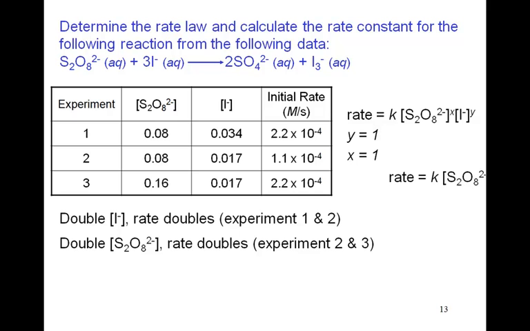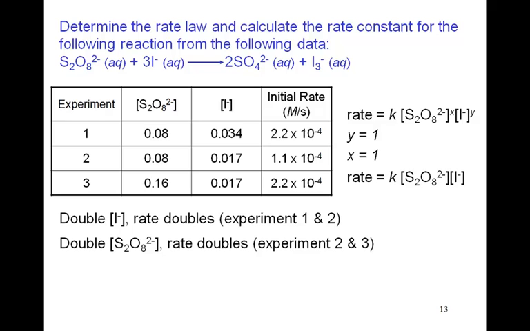Now, let's move on. The rate is equal to K times the S2O8 negative concentration raised to the first and the I minus concentration raised to the first. Now we'd like to solve the second part and find the value of K. Well, it's very simple. We're just going to pick any one of those three experiments.